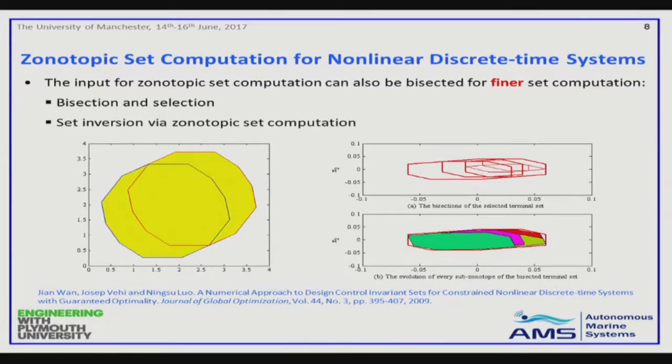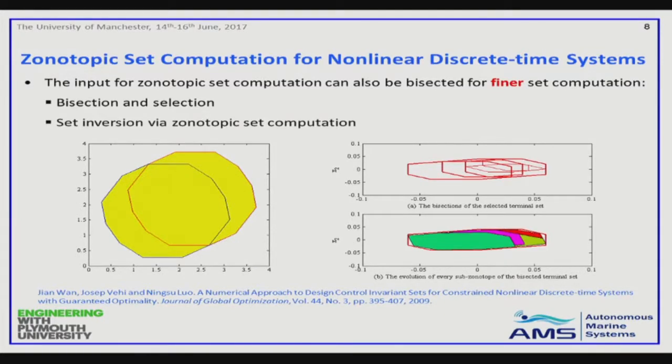So using this idea of bisecting the zonotope, we can design a control invariant set for nonlinear discrete-time systems.